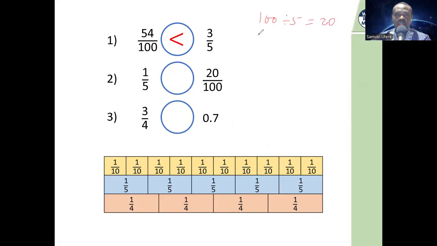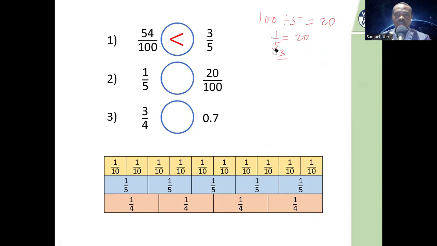So each part is 20, which is 1/5. So 1/5 is 20. So 3/5 will be 60 squares, so 3/5 will be 60 hundredths. So we'll clearly see that 60 hundredths is greater than 54 hundredths.